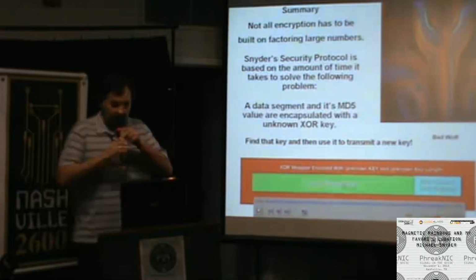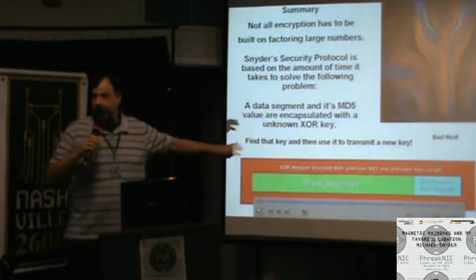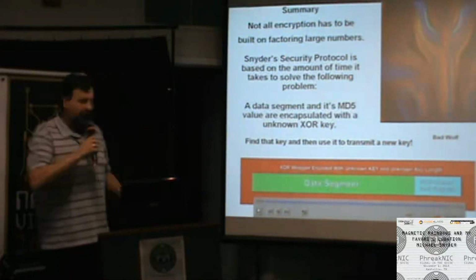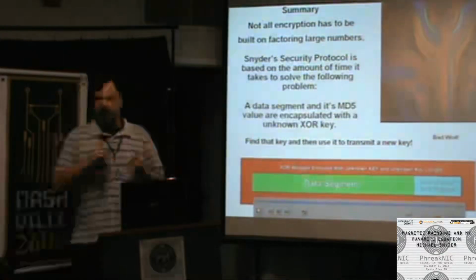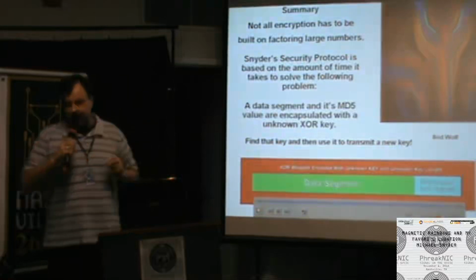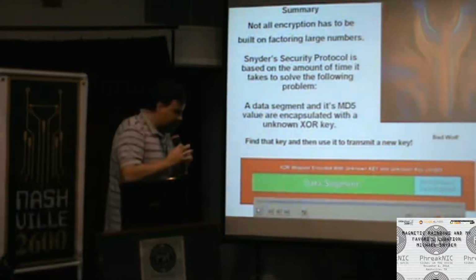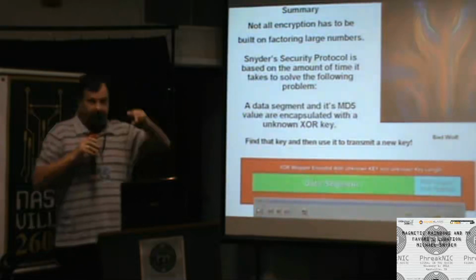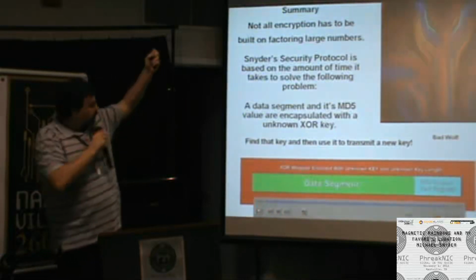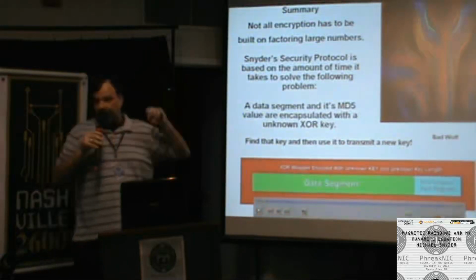Okay, so let me expand on this. This is probably the most important slide I have in my presentation. And it's using stuff we already know, but it's using it in a different way. So imagine I have a data segment in my left hand, or your right. So I have a data segment, and I take the MD5 value.